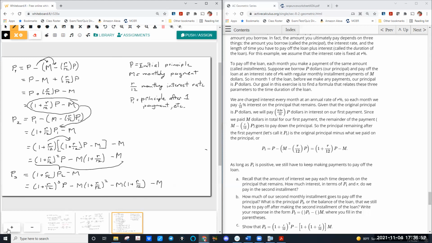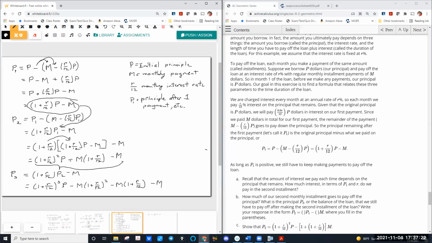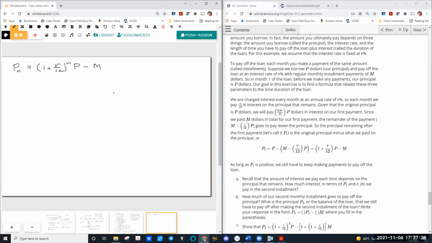So we can generalize this. We have to go over to a new slide for the nth term. So P sub n equals 1 plus R over 12 to the n times our initial principal, minus, and now I'm going to factor out the M. So let me go back over. I'm going to factor out a negative M out of these three terms, and let me do this in two steps to make it obvious what's happening. If I factor out that M, I'm going to have 1 plus R over 12.